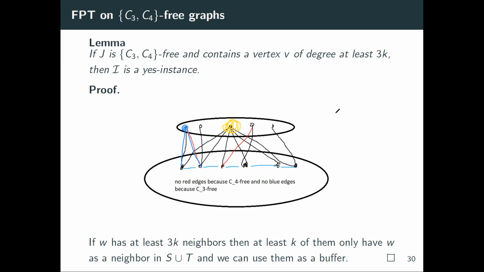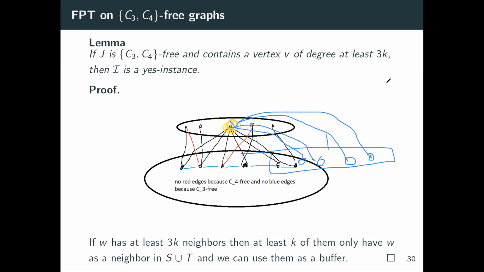At most 2k of them can be connected to some vertex in S union T, and you will get at least k of them that are only connected to the yellow vertex. And so now, instead of using a buffer inside H, we have just found a buffer inside J. We can use the same strategy: jump all the tokens, starting of course with the yellow token, and then jump them to where they need to go.